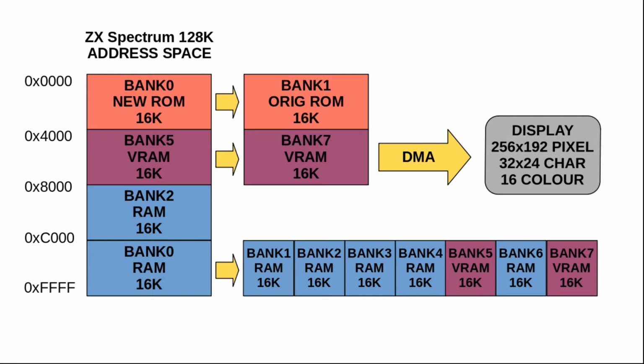Then bank 2 of the RAM is always in that location from 8000 hex to C000 hex, and then the bank switching of the RAM itself for actual programming use is always in the top area of RAM from C000 to FFFF. And so you've got banks 0, 1, 2, 3, 4, 5, 6 and 7 of RAM.